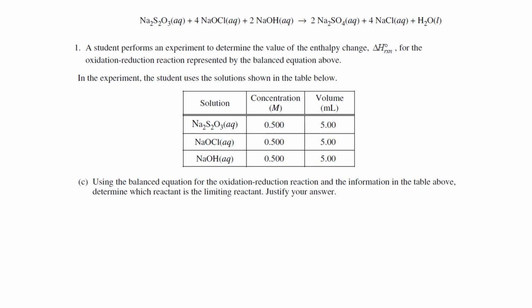And from my balanced equation, if I look at the molar relationship, I need 1 mole for every 4 moles for every 2 moles. Okay? And if I look at how much I have in terms of the molarity and the volume, if you multiply 0.5 times 0.005, you should get 0.0025 for all of these reactants.